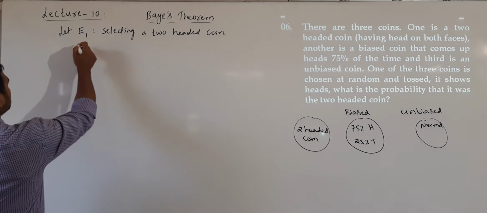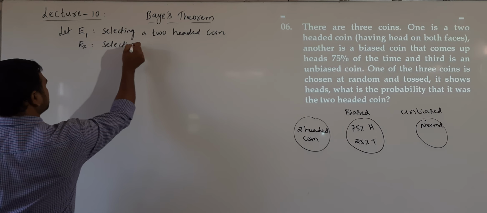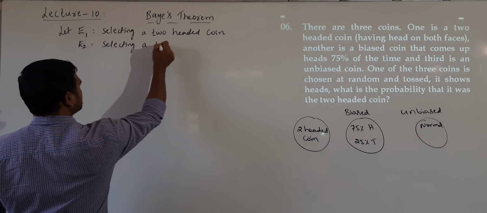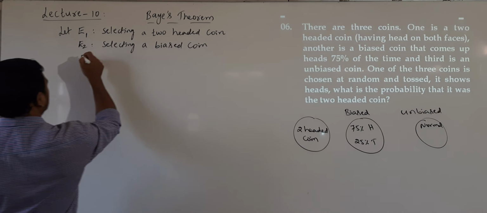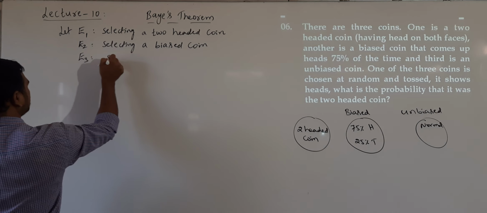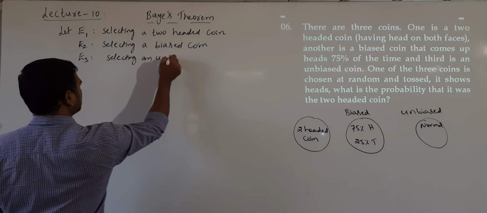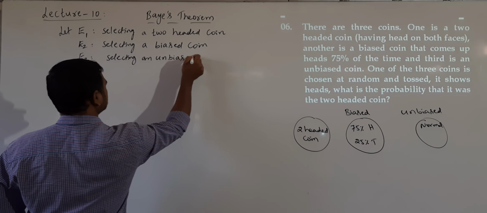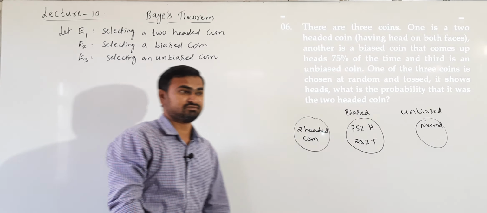Next, E2 be the event of selecting a biased coin, and E3 is the event of selecting an unbiased coin. These are the three coins we have.